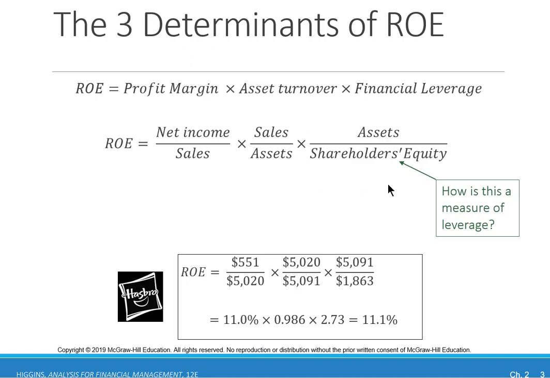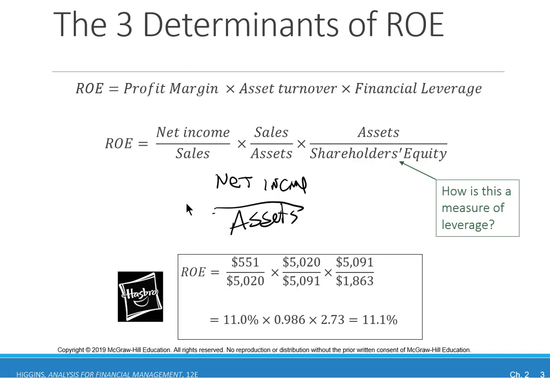So let's look at those ratios written out as formulas, right? If you think about it, net income divided by sales is the profit margin. If you multiply that by sales divided by assets, the sales numbers are going to divide out. So what this tells us, before we go any further, is net income divided by assets.